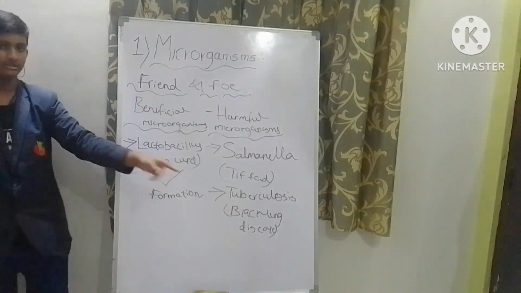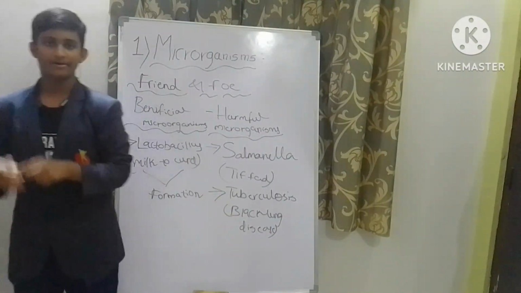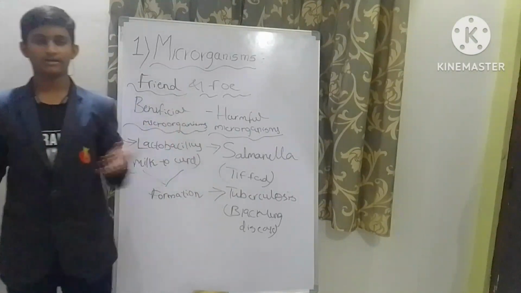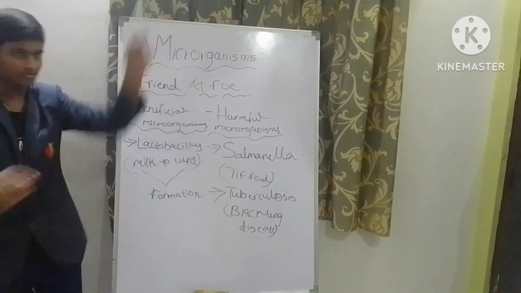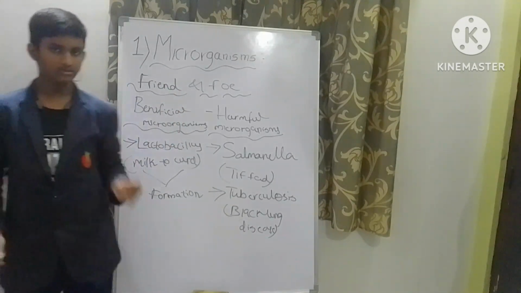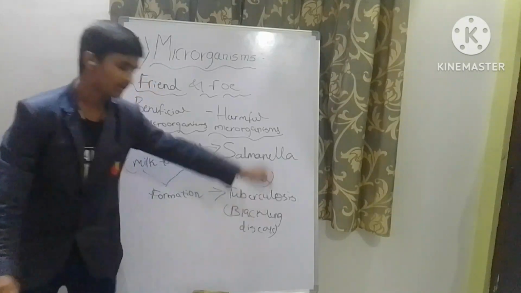For example, in underground mining, many people work with coal, and because of the coal they get a harmful disease called black lung disease.